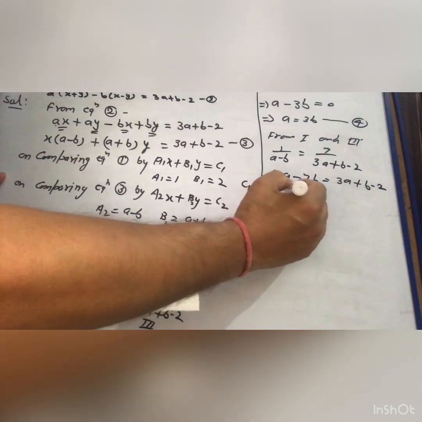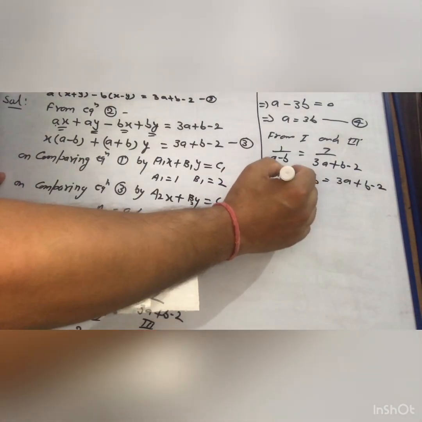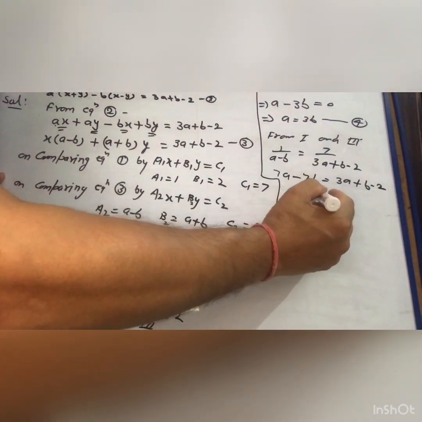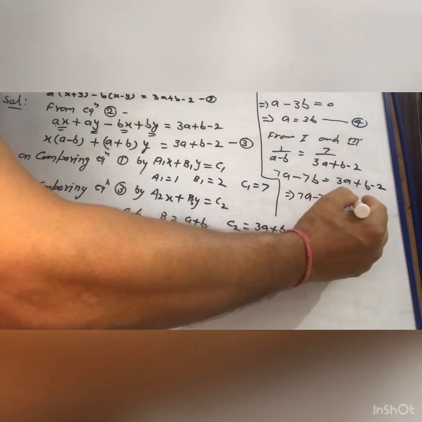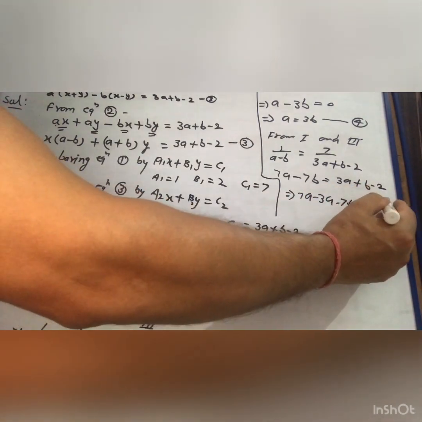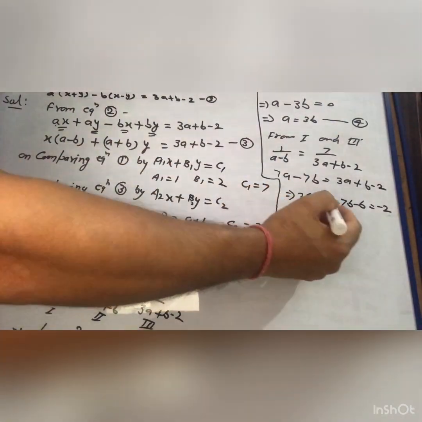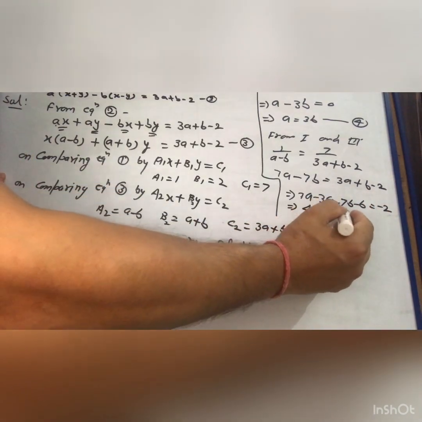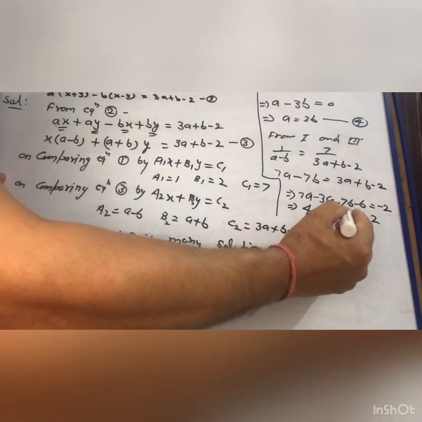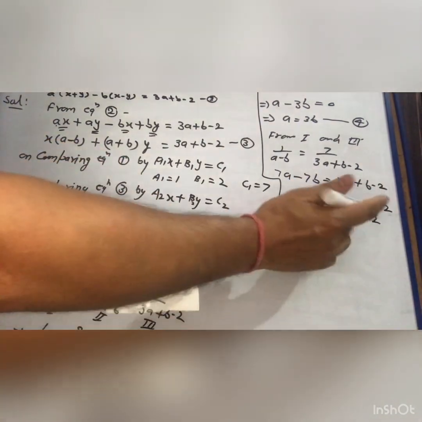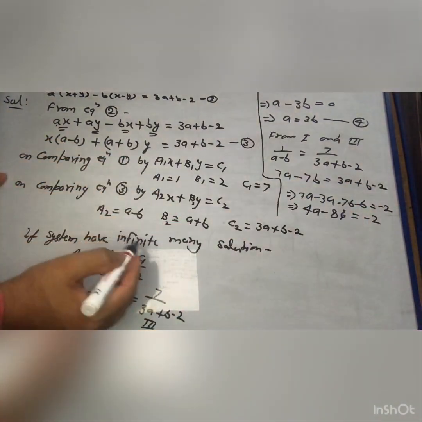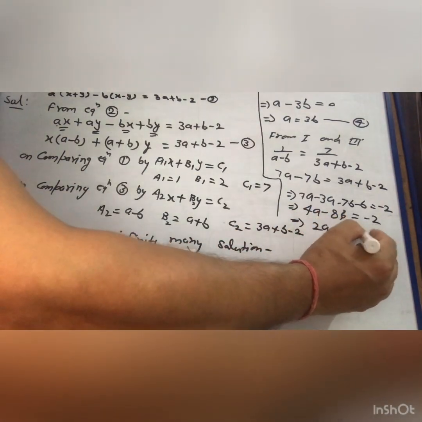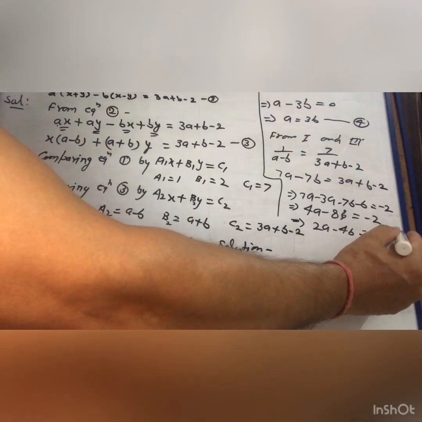Transposing, 7a minus 3a and minus 7b minus b, with the constant term on the right side. So 7a minus 3a means 4a, and minus 8b, equal to minus 2. Now divide the whole equation by 2, and you get 2a minus 4b equal to minus 1. This is equation number 5.